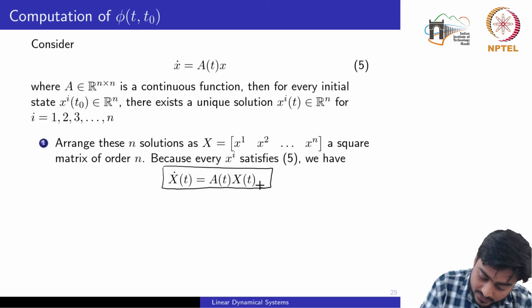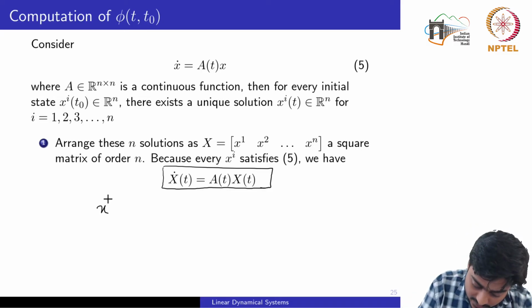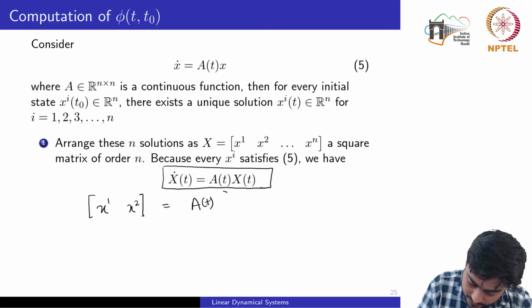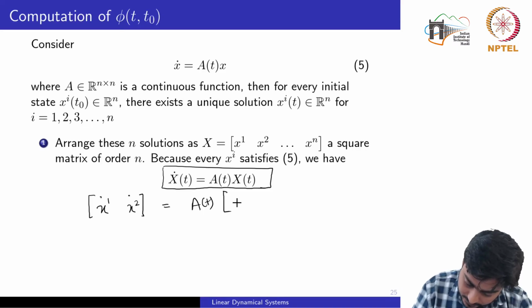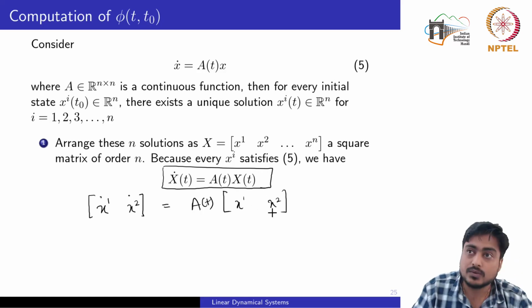So we can see, for example, let's just consider the case of only two initial conditions. So this I could write as A of t, this would be a derivative, then x2.